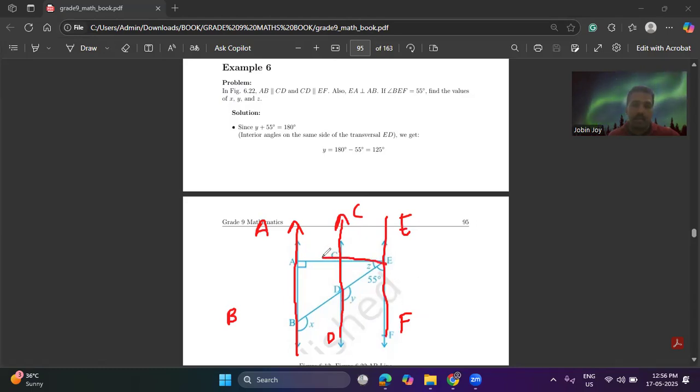EA is perpendicular to AB, that means this angle is 90 degrees. Angle BEF is equal to 55 degrees, so this angle is 55. Find the values of x, y, and z.